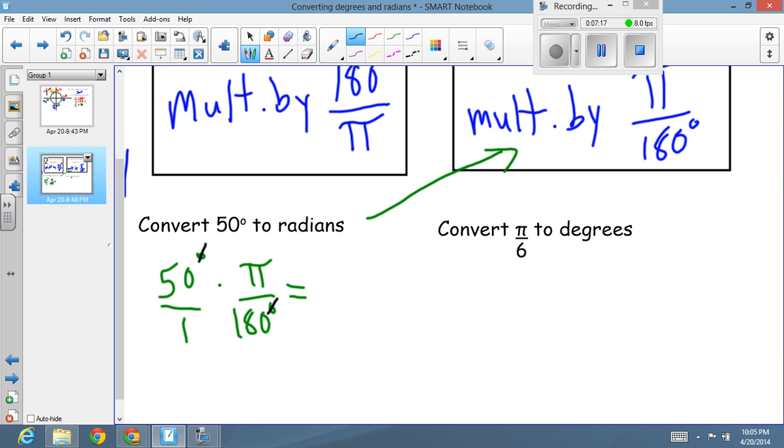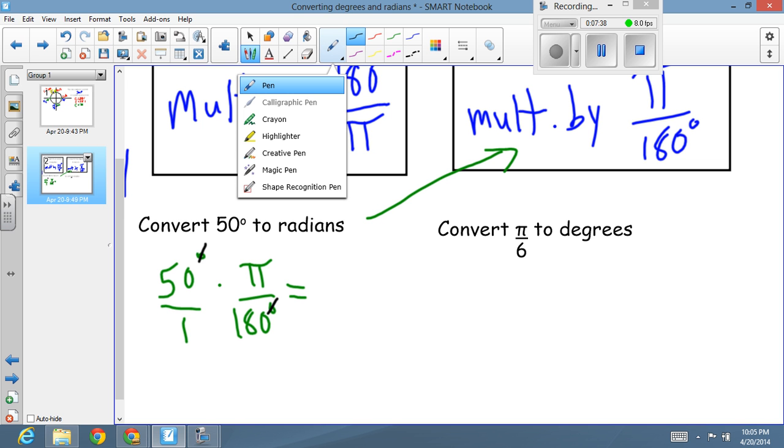And if the degrees are both in the numerator, then I can't cancel degrees. So for that reason, I want to have degrees in the denominator so that I can cancel the degrees in the denominator. Alright, now you can cancel before and then multiply across, or you can multiply across and then reduce.